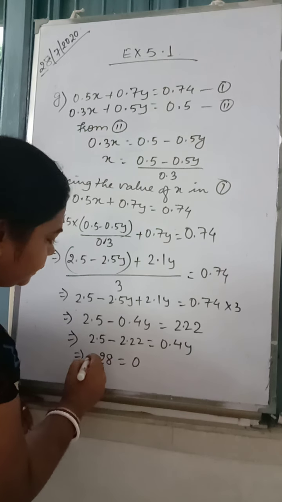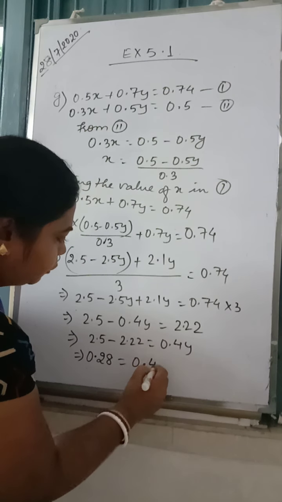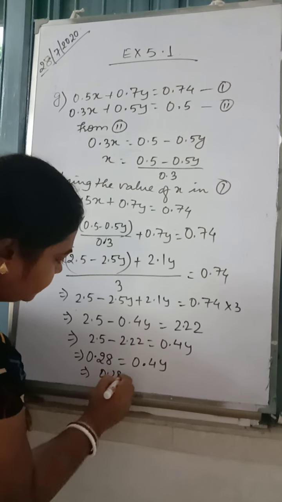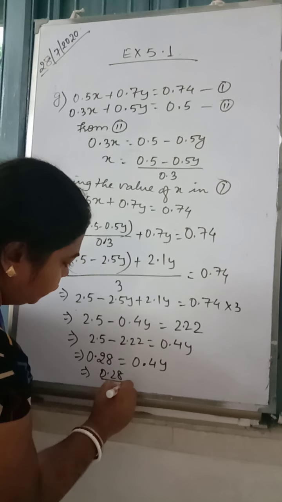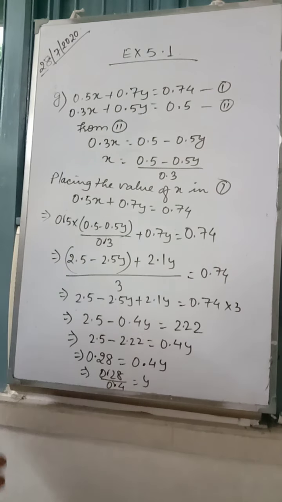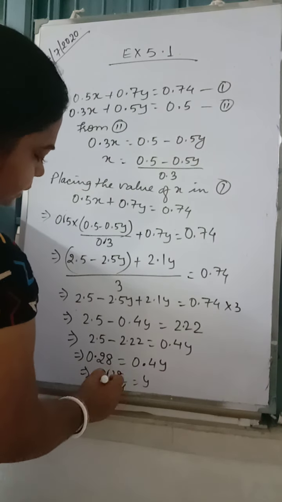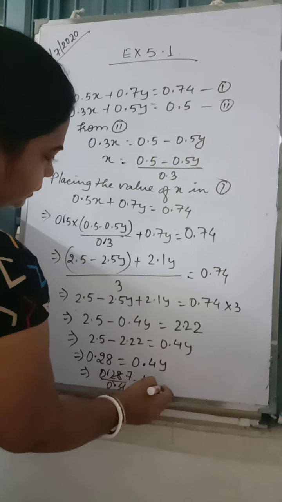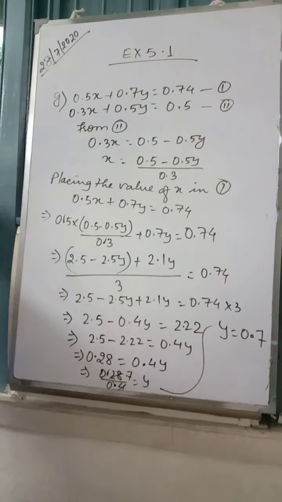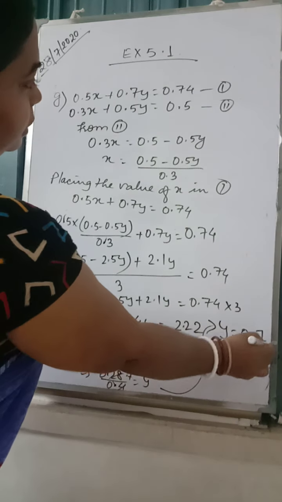I am just replacing the side, or I am left with 10 minus 2, 8, 4 minus 2, 2: 0.28 is equal to 0.4y. 0.28 by 0.4 is equal to y. I can remove the decimal. 4 7s are 28, so the value of y is 0.7. Now the value of y we have got.